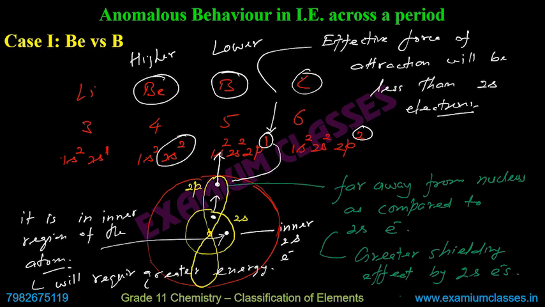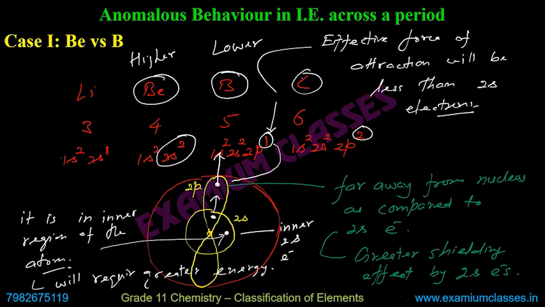Any confusion here? Yes. We can't just directly say that as beryllium has a fully filled subshell, it is reluctant to lose an electron. That's not the reason. You need to write these 2 points: in boron, the electron goes into p orbital. That's why there is greater shielding by inner 2s electrons.